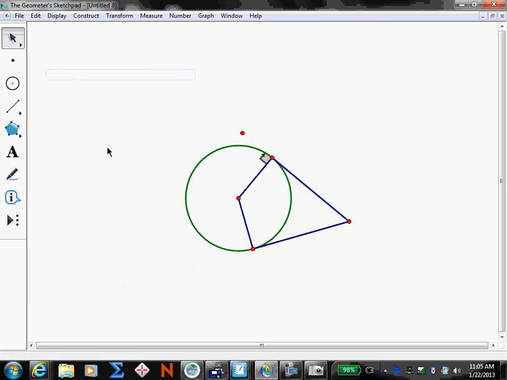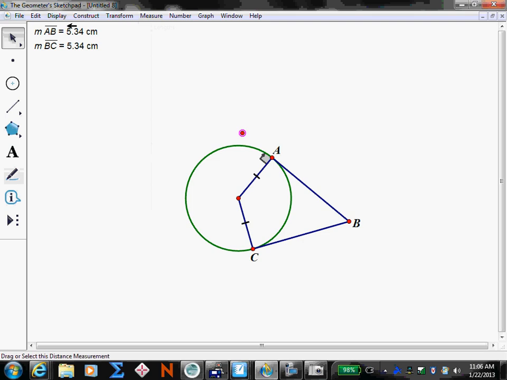And we know radii are the same length, so these two radii have the same length. Do you think we have constructed a kite? Would be the question. So let's see. Let's measure these two lengths here. And yes, they are the same length.